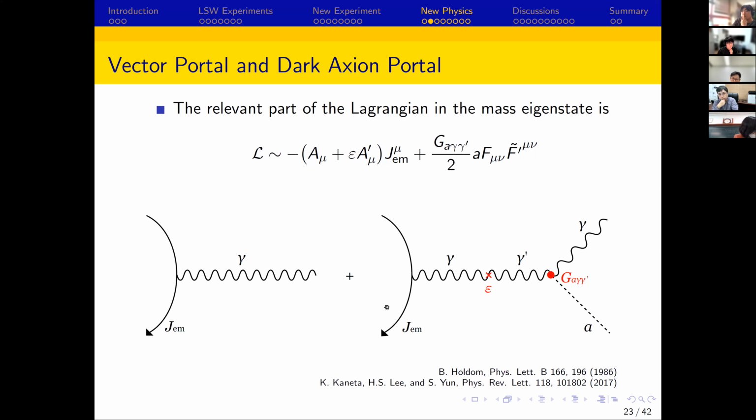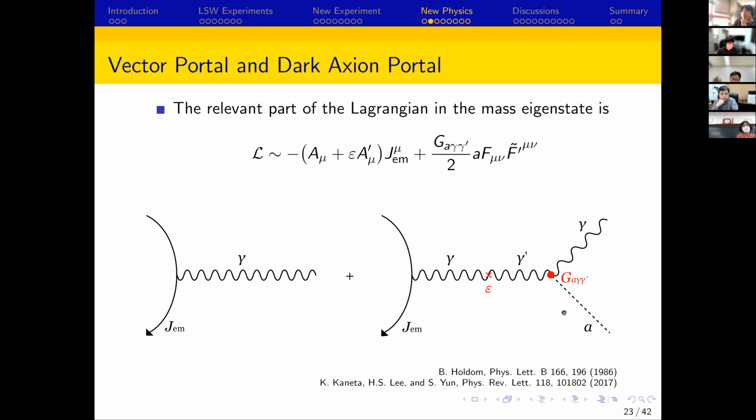The conversion rate. I'm not sure if I'm following the term, but at the mass eigenstate, it is the dark photon that's generated, not the photon. Just look at the Feynman diagram here. Consider whatever photon you have. Then by epsilon and g, you make the original photon convert into the sub-frequency photon and axion.